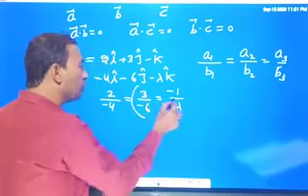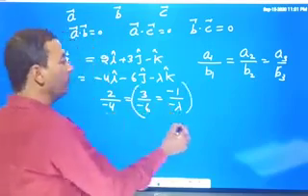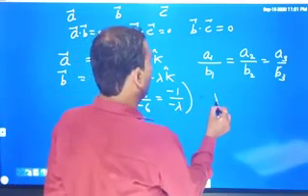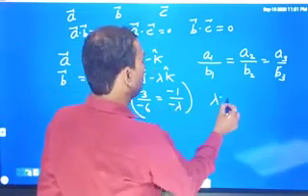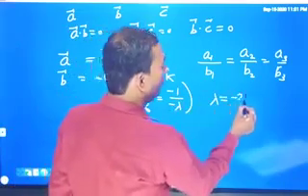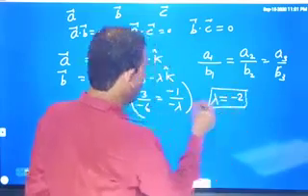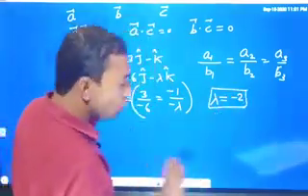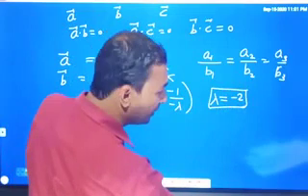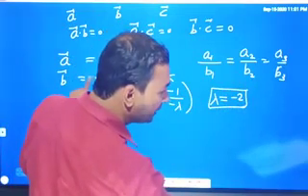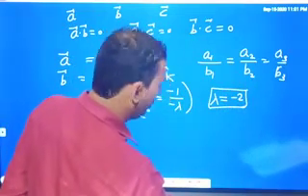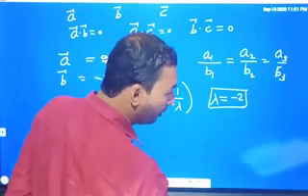If we take these two, then lambda equals 2.